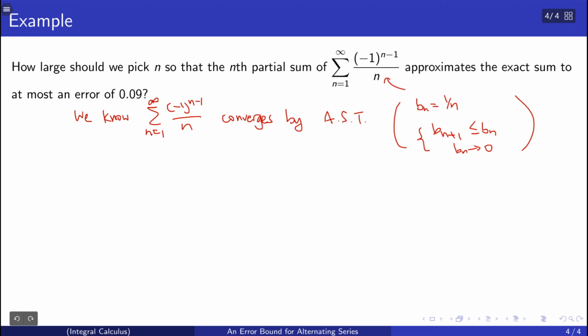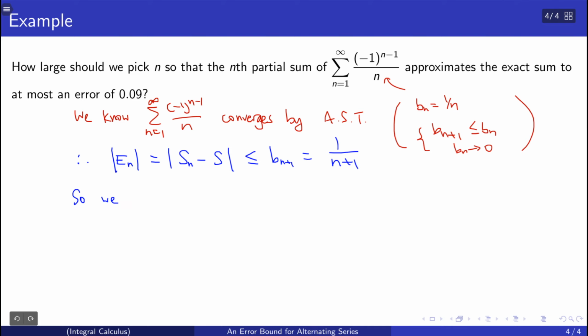And this means that the error when we use s sub n to approximate the actual sum is going to be smaller than or equal to b sub n plus 1, which is just 1 over n plus 1.